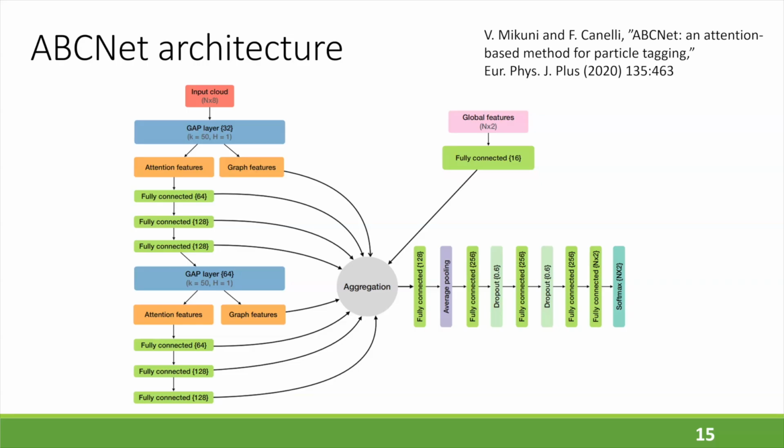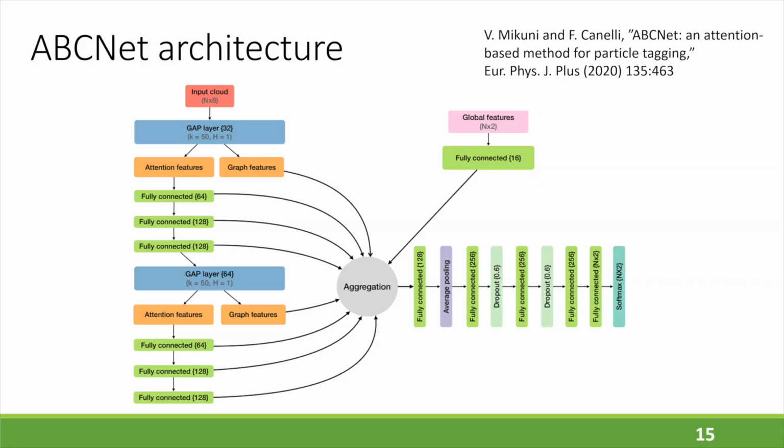Also, in parallel, the network processes global features, for example session-level or contextual data, through a small fully connected layer and merges them into the aggregation as well. The aggregated representation is then passed through a fully connected layer, followed by batch normalization to stabilize the features.